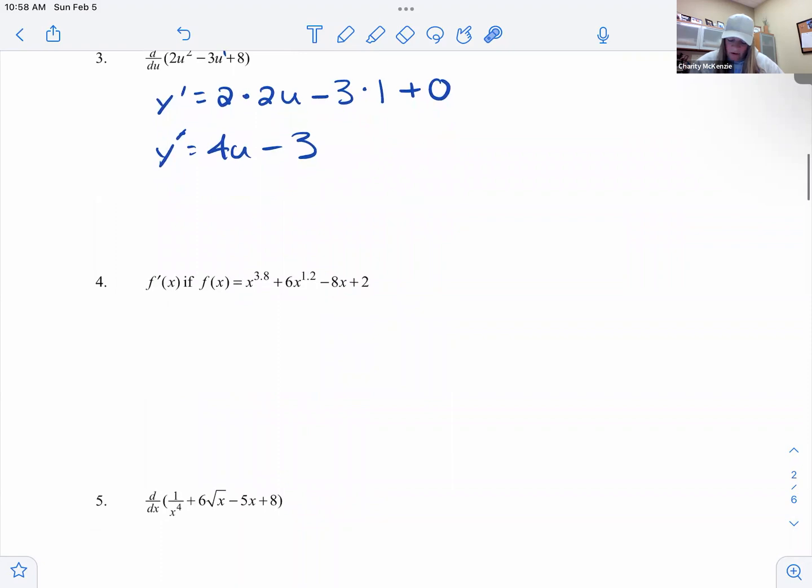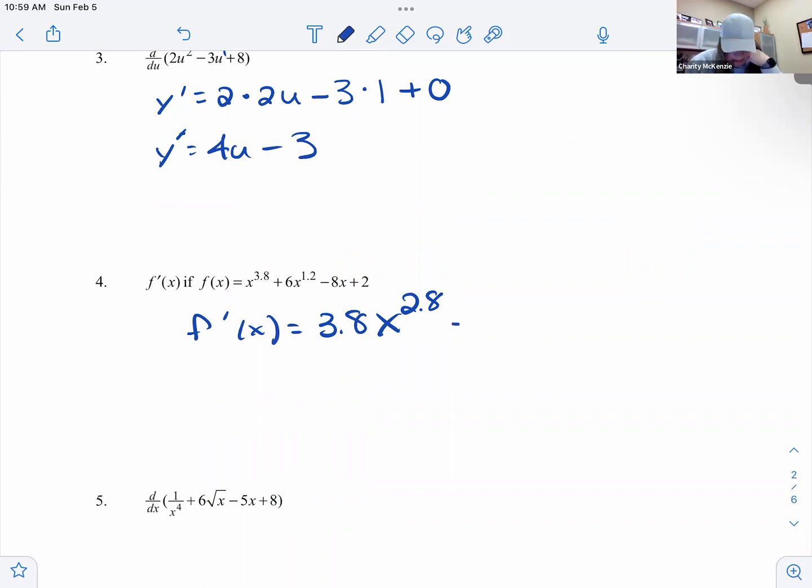Same idea on 4, except for 4, it's got some decimals. Totally okay. So the derivative is going to equal 3.8x. 3.8 minus 1 is 2.8. Okay. And then 6 times 2. I can times the 1.2 down to the 6.